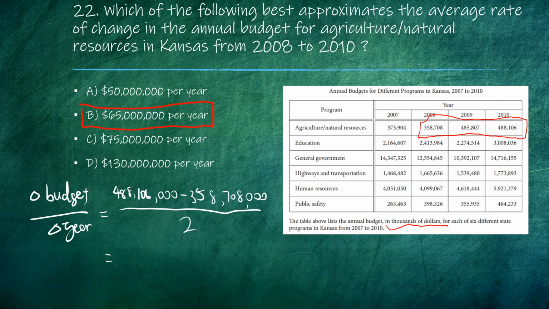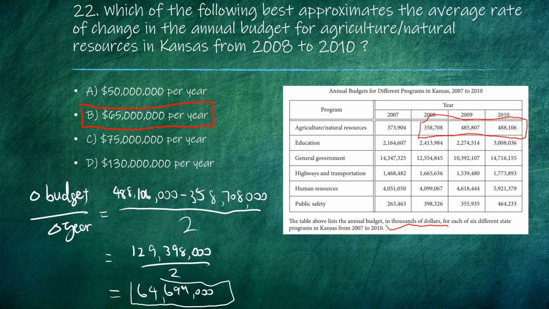So plug that into your calculator: 129,398,000 divided by 2, and you get 64,699,000. And that is our answer, which is the closest to this one, because it's only asking you to approximate. So the closest one is B.